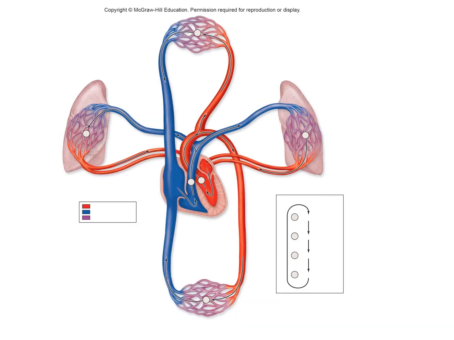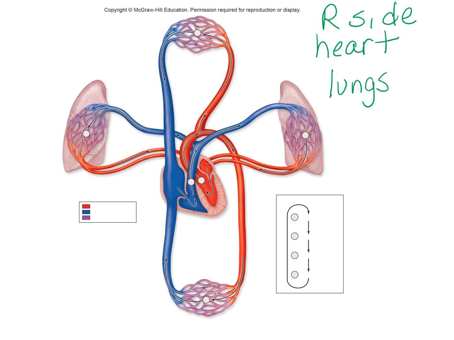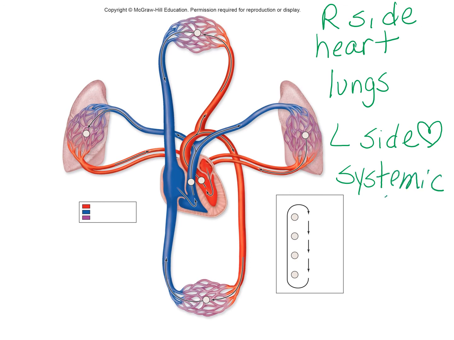So big picture, we do right side of heart, we do lungs and the pulmonary circulation, we do left side of heart, we do systemic circulation, and then we're right back to the right side of the heart. But there's a ton of structures in between.